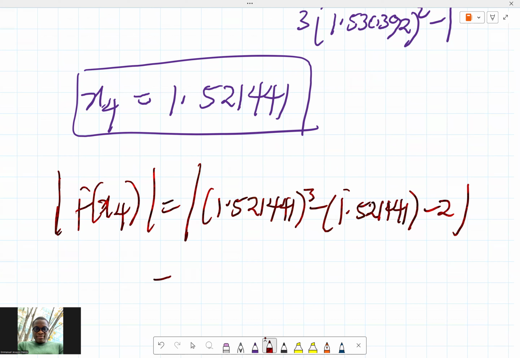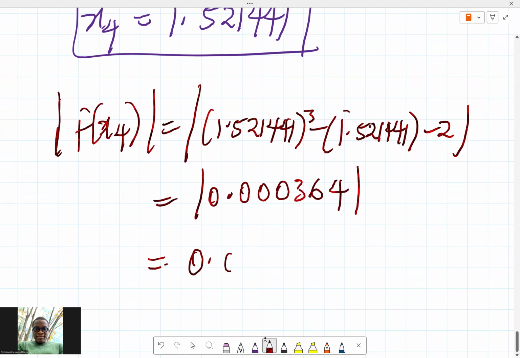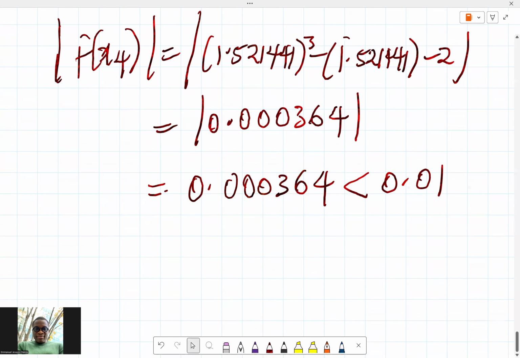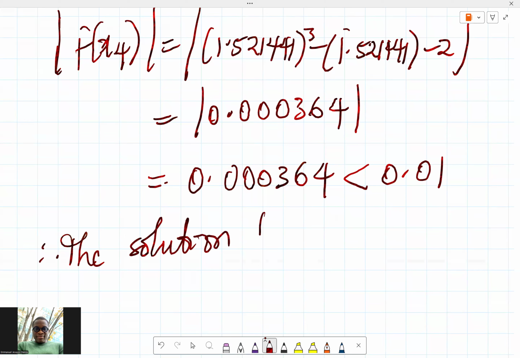So that is the absolute value of 0.000364. Now this is convincingly there. 0.000364 is clearly less than 0.01. So therefore, the solution has been reached.